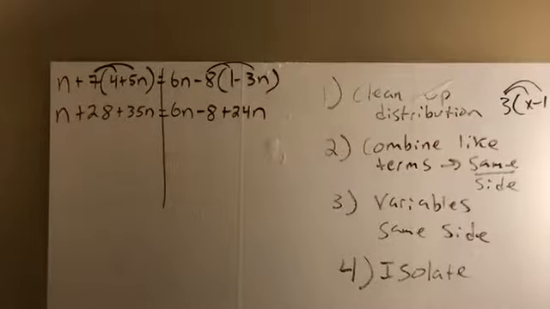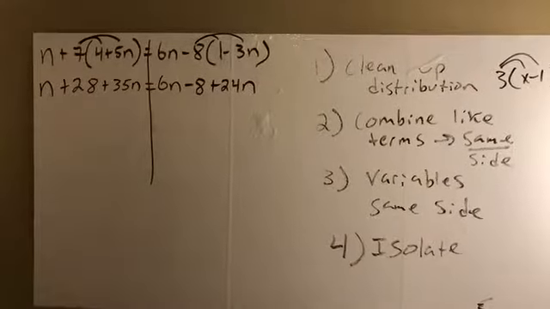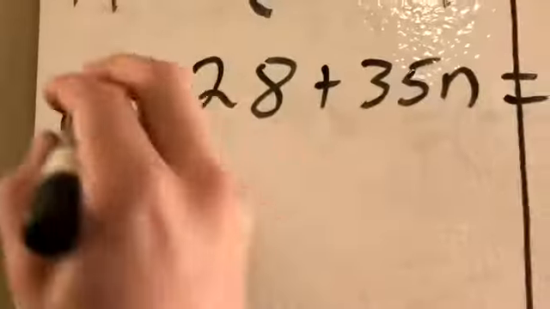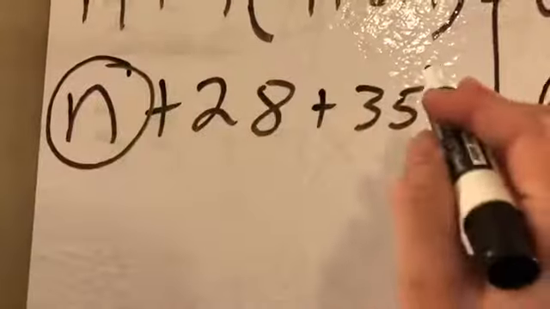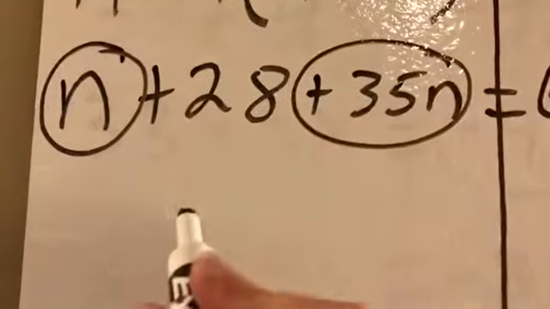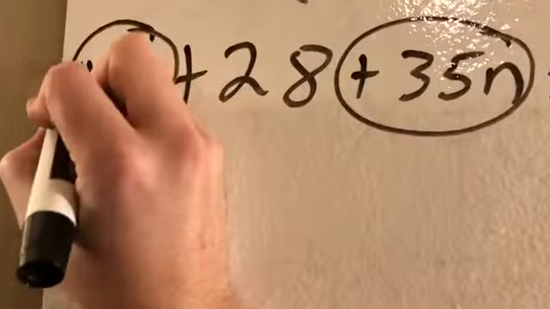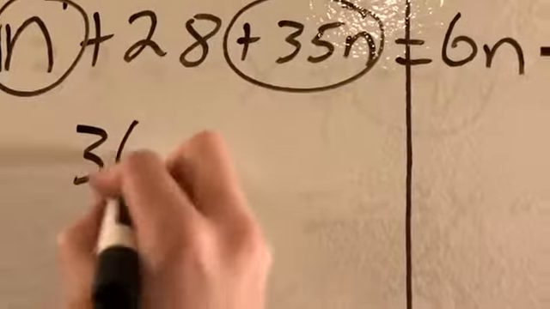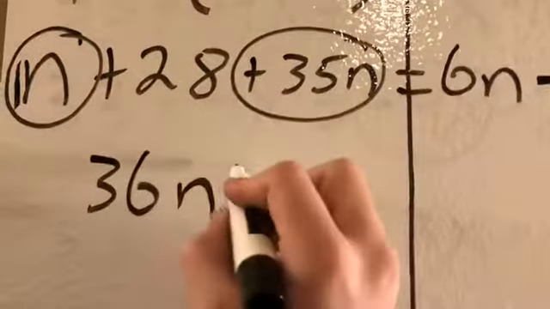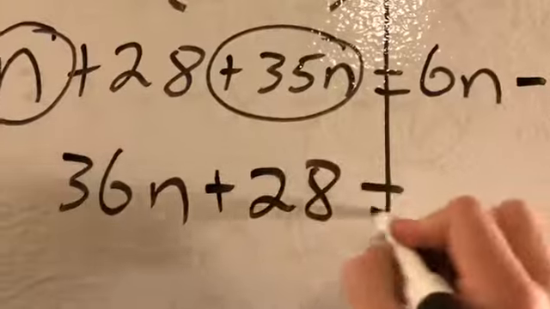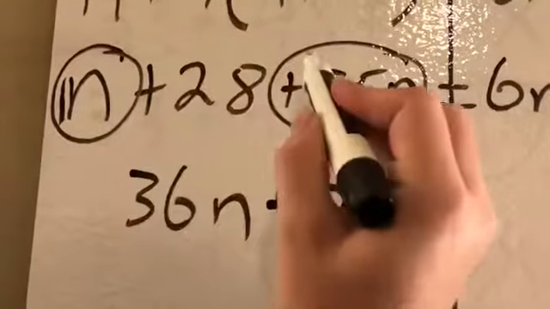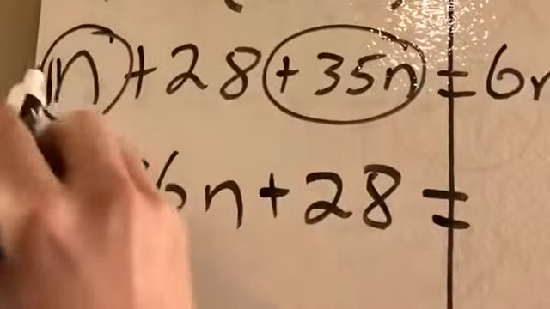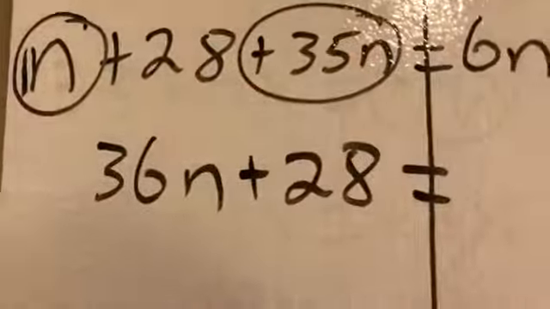Now we need to see if we can combine the like terms already on the same side. So I'm going to zoom into this left side, and I see a regular n and a 35n. If I don't see a number out front, I assume there's a 1. So 1n plus 35n is 36n, and I haven't touched that plus 28. Since they were on the same side, I didn't do any opposites. I kept that positive 1 plus 35.